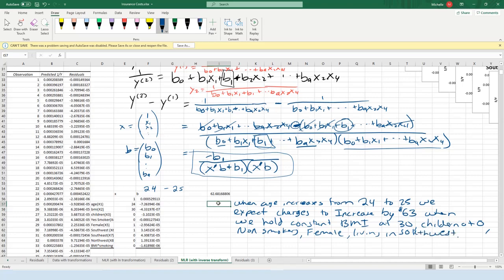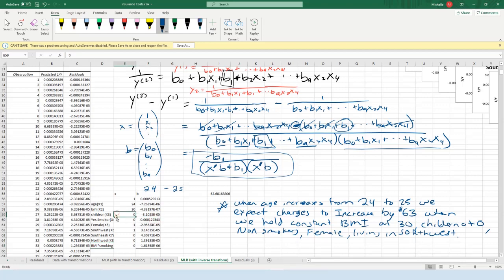Okay, so notice we still have to hold everything else constant, but when we have a transformation on y like this transformation on y that we're using here, we need to actually specify exactly what we're holding constant. Versus before, when we didn't have the transformation, we used to just say, oh yeah, when you hold all the other variables constant, right? But it didn't matter what the other variables were. Here it does.